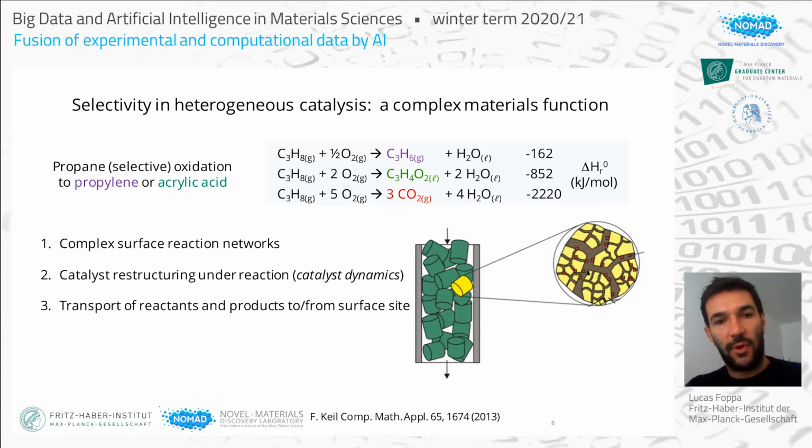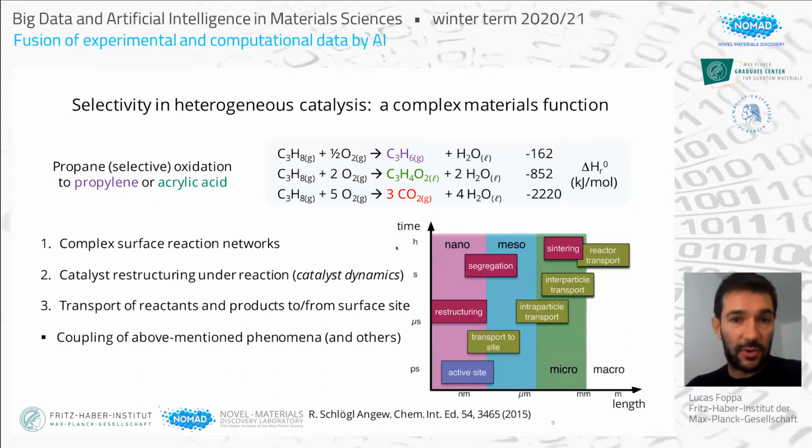So the molecules, both reactants and products, have to diffuse to the surface site so that the reaction takes place. And here is an example of, for instance, the molecule has to enter the structure of the catalyst. And the result of the reaction and the selectivity will depend on this phenomenon too.